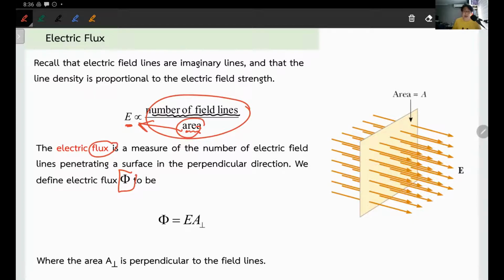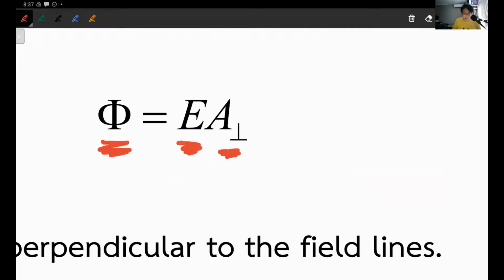Then we can turn this proportional equation into a real equation by saying the number of lines, which we're going to call electric flux from now on, is just the product of the electric field multiplied by the area. Sounds good? Okay, cool. But if you notice, we have the perpendicular subscript symbol right here.